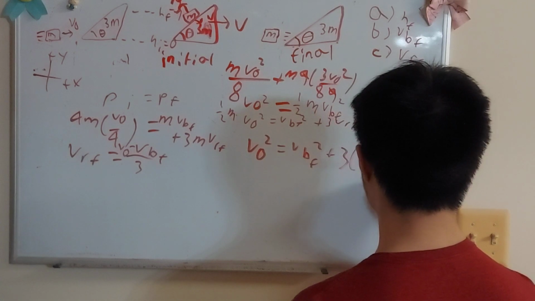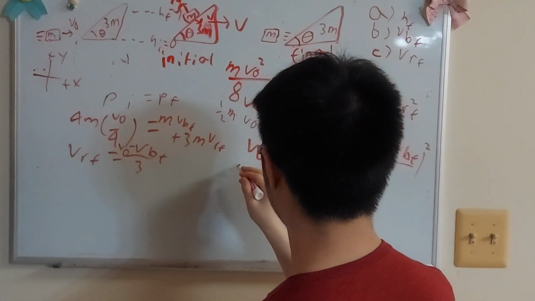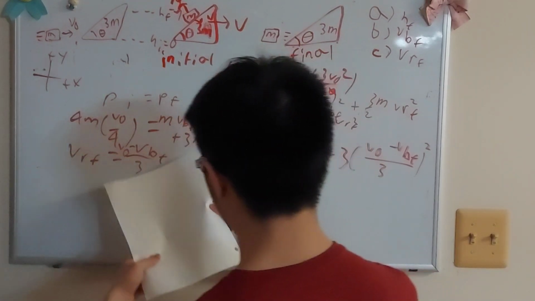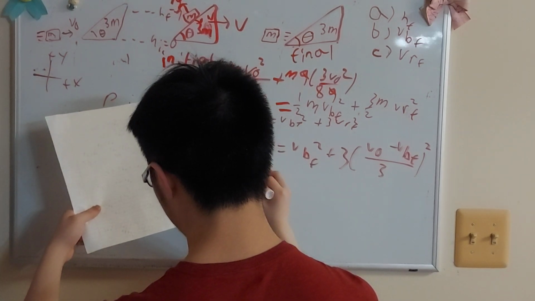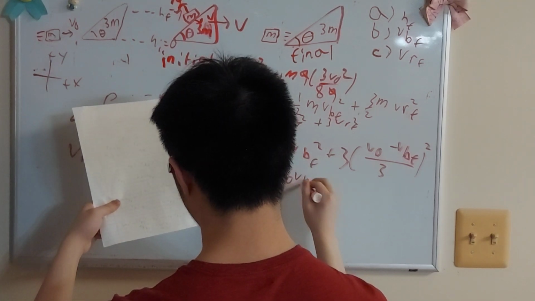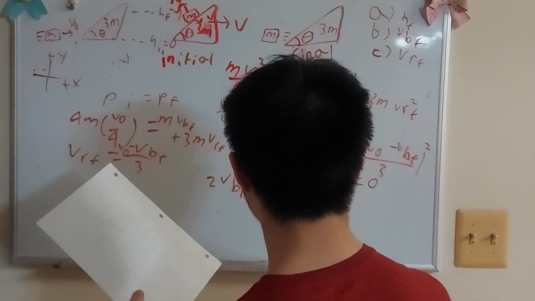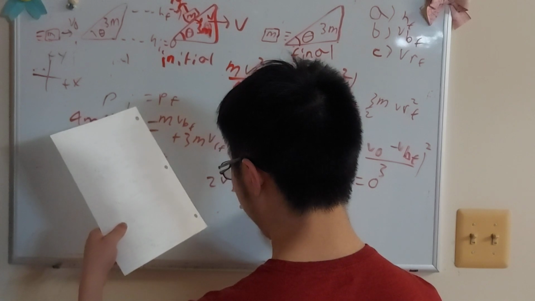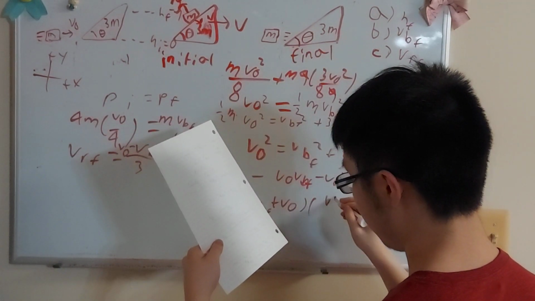Now you would have to do a lot of expanding and canceling out common factors, but I'll spare you and give you what you should eventually find after doing all that. 2 vbf squared minus v naught vbf minus v naught squared is equal to 0. It's a quadratic, and you find out there are two clear answers for what the final velocity of the block could be.